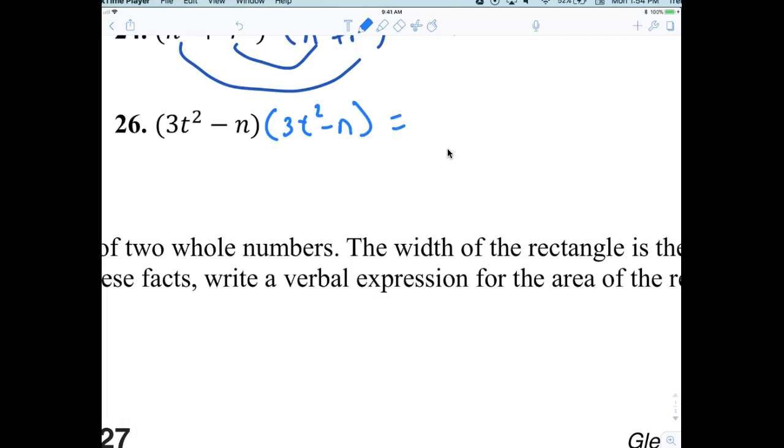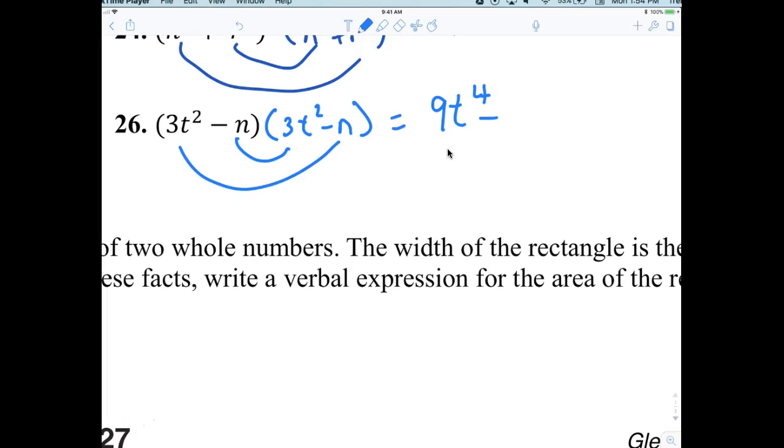Who wants to give it a shot? This ought to be interesting. Zoe, go. 9t to the 4th plus 9. Come on, everybody, I just need you to do this, please. I promise you it's going to make it much easier if you just do smiley faces.